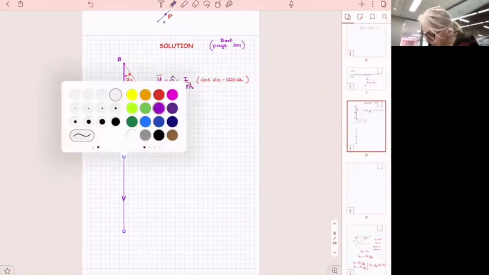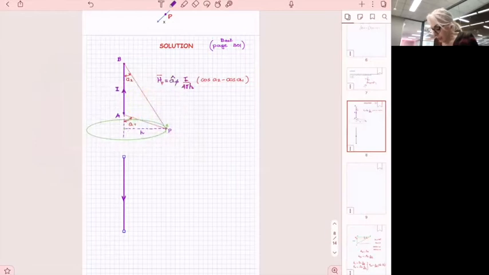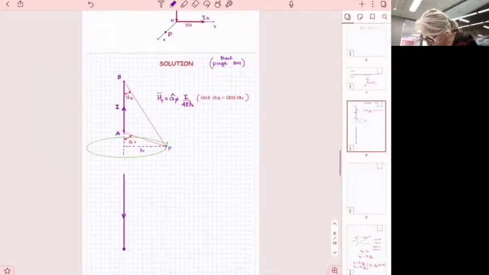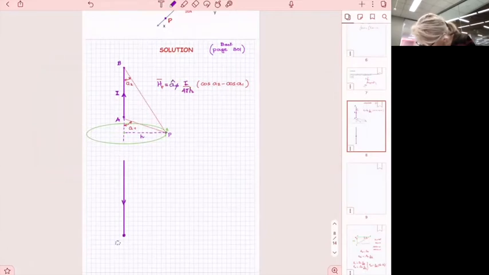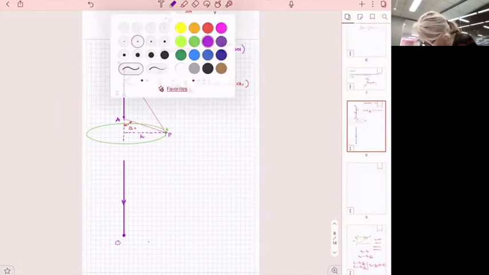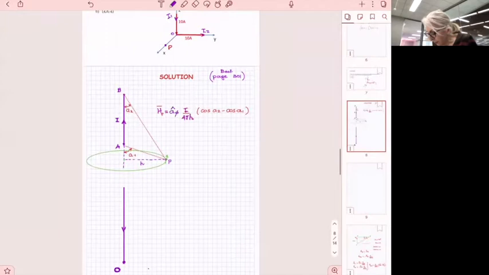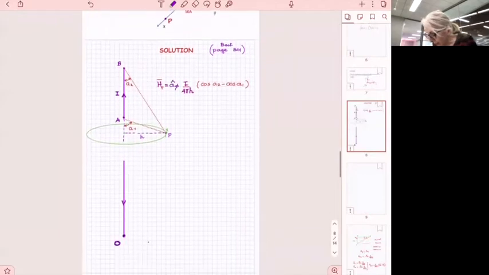This point for us would be point O. All right, point O is here. Now we're going to find the field at point P. So let me in fact move O here.